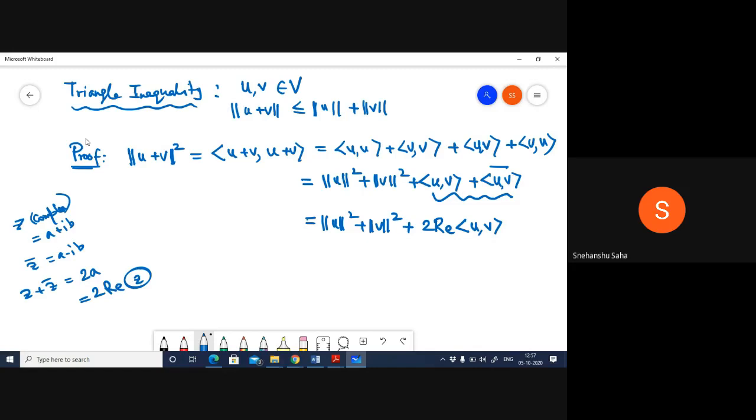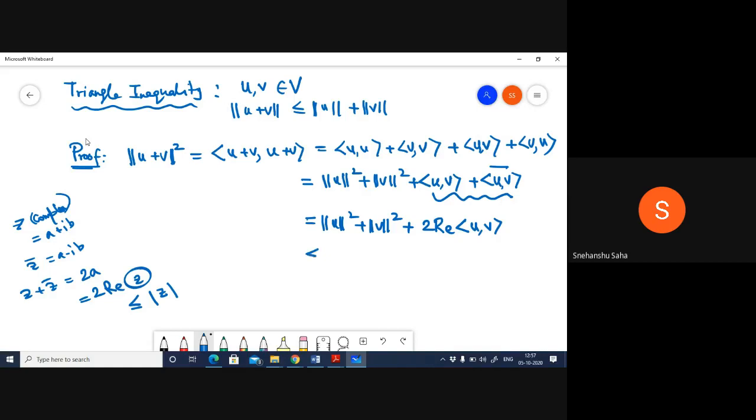Now, would you agree that the real part of z is definitely less than or equal to the absolute value or the magnitude of z, right? Okay, so when we talk about inner products of vectors, this magnitude is replaced by the norm, right?